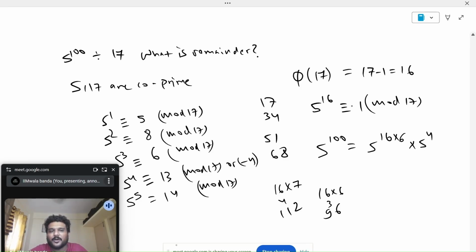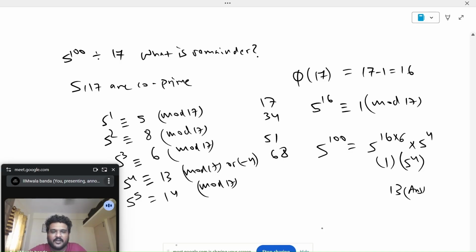The first part I don't need to worry about because Euler told me that the remainder will be 1. 5 to the power 4 I need to care about, and that I got as 13. So 13 is the answer. 5 to the power 100 gives remainder 13 when divided by 17. I hope that it's digestible.